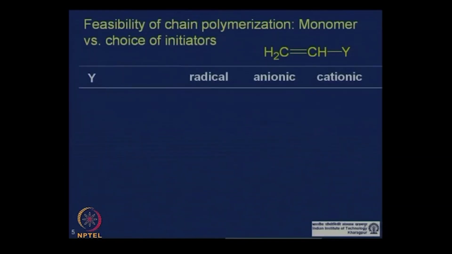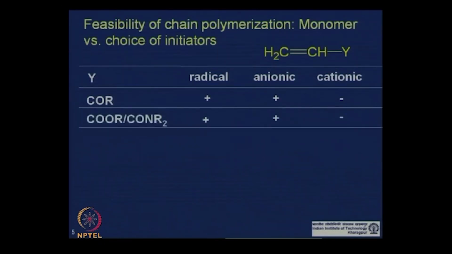So, if I have a simple monomer like this, with Y as COR, then we know it can be polymerized by both radical and anionic. It cannot be polymerized by cationic. If you have an acid or ester or amide, it can also be polymerized by radical and anionic.